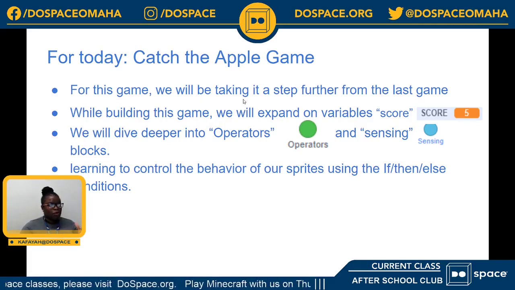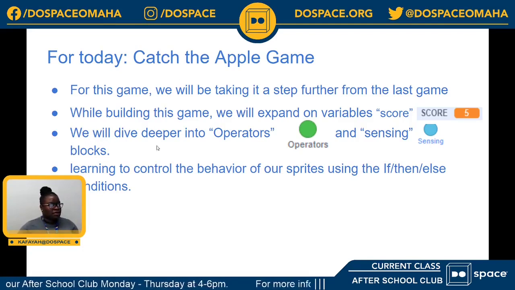Just a little bit more information on how our game is going to go today. For this game, we'll be taking it a step further, like I said. And while we're building this game, we're going to expand on variables. If you remember from our last lesson, we named our variable score, and that was where we used to collect all the points that we got from clicking on the ball. So for this one, we're going to use the same variable score to catch our apples. Every apple that you catch gives you 1 point.